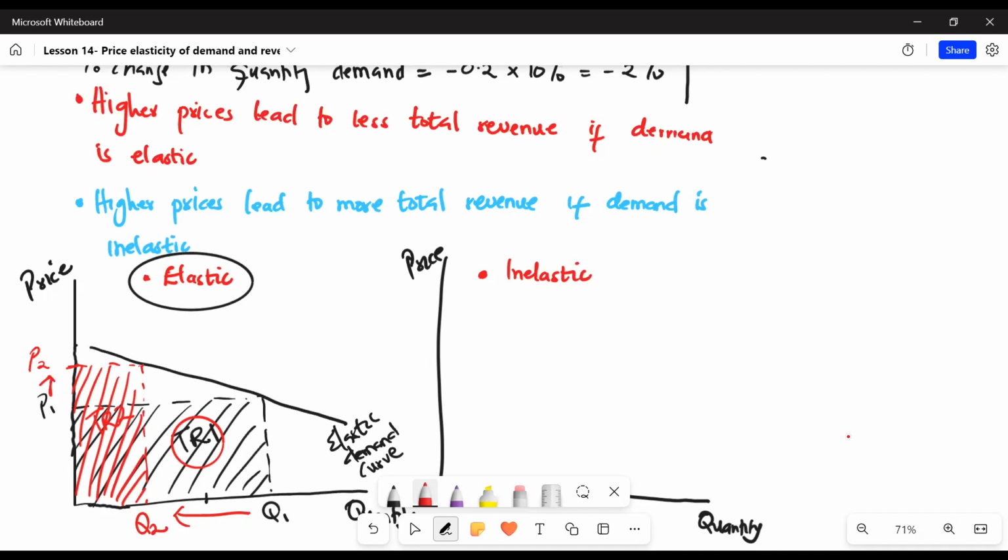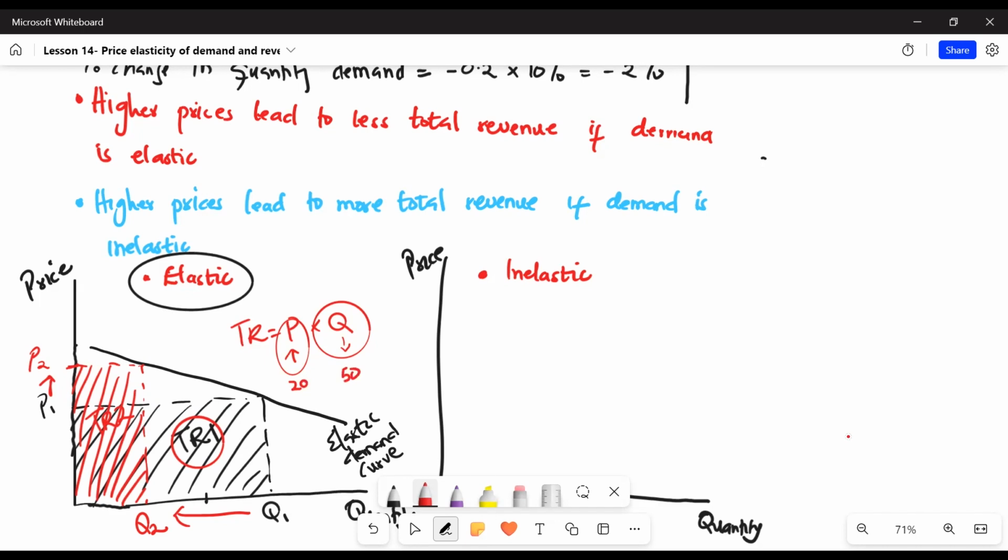Now, to explain this further, we said total revenue equals price times quantity. If the demand is elastic, changes in price induce a bigger change in quantity demanded. So when you increase the price of your good, quantity demanded will reduce by a bigger proportion. So the final effect of multiplying price times quantity will be smaller than what you started with. For example, if you increase price by 20%, quantity demanded will reduce by, let's say, 50%.